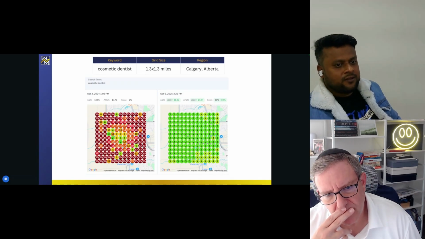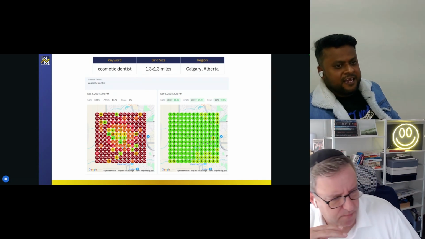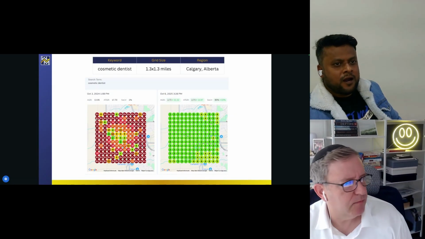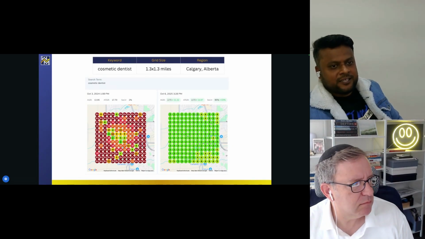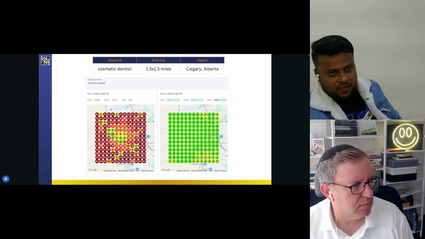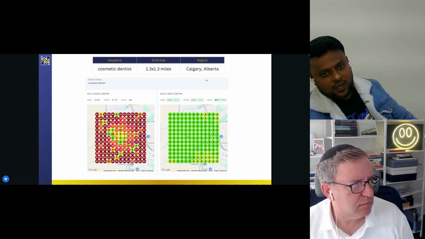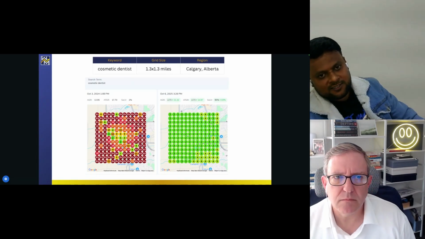I mean, he was even lacking any presence in immediate vicinity as well. But with about a year of work, we completely transformed it, and you can see that there is a lot of dense population over here as well. So it's not just U.S. that we dominate. It's also Canada that we are dominating. We're working with a lot of practices in Canada as well.